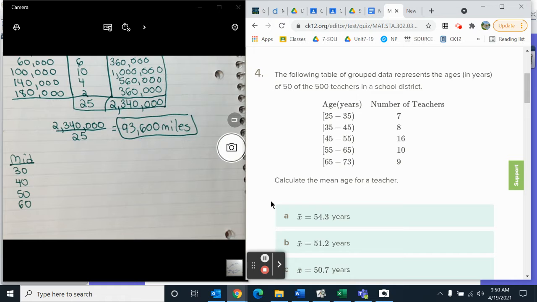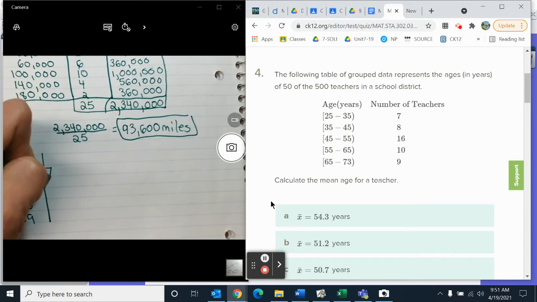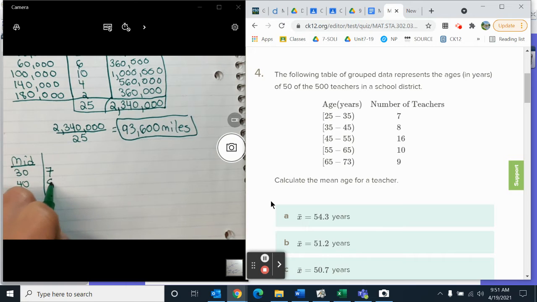So 65 plus 73 divided by 2 is 69. And then the frequency, or the number of teachers: 7, 8, 16, 10, and 9.